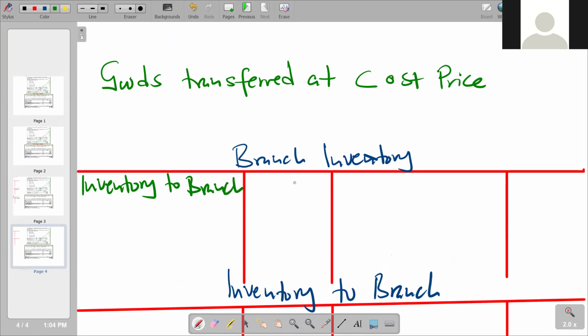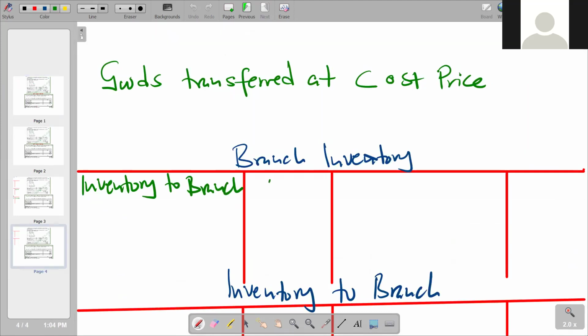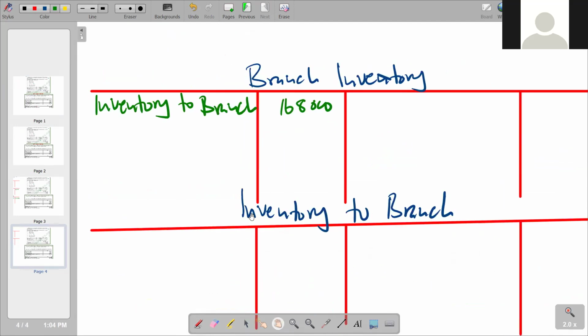And then the amount that we have is 168,000. Then we go to the opposite side, which is inventory to branch. We have our branch inventory, 168,000.